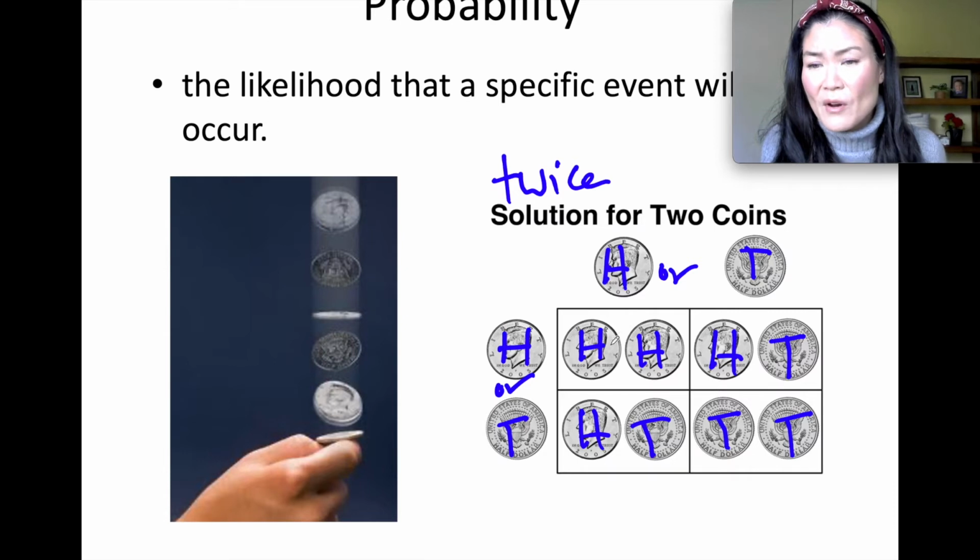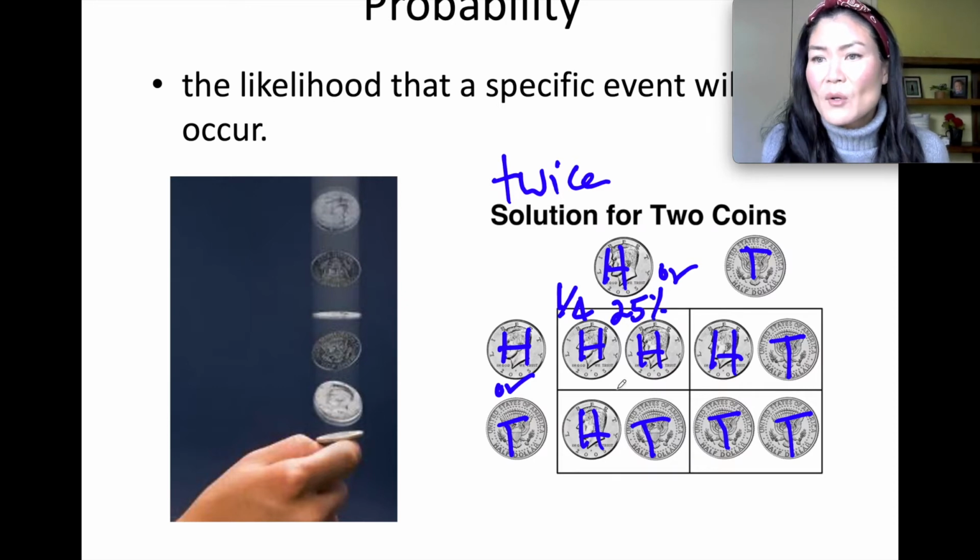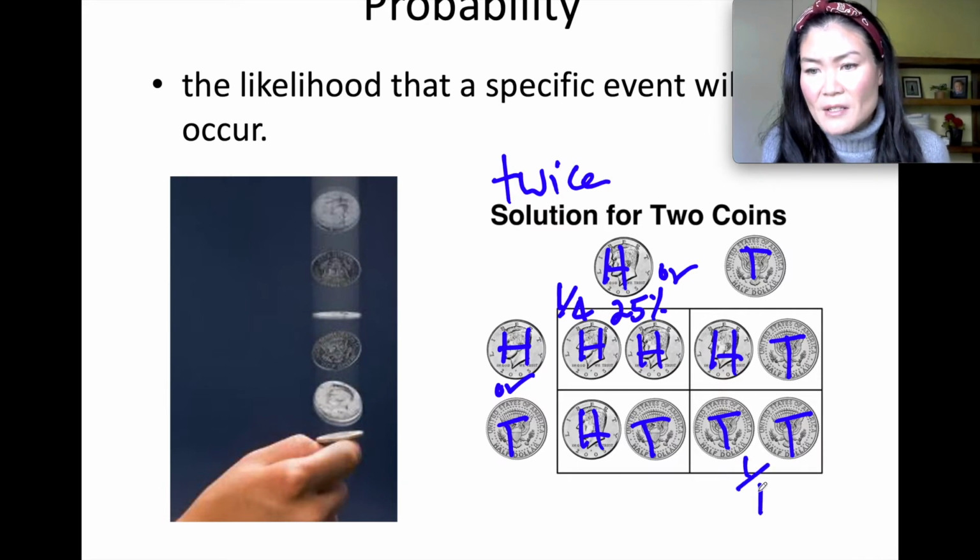The thing about a Punnett square is that you can see it's divided into four squares. So I only see 1 out of the 4 is heads. There's a 1 out of 4 chance, or 25% chance, that if you flip a coin twice, you're going to get heads. And there's also a quarter chance, or a 25% chance, that when you flip a coin twice, you're going to get tails.